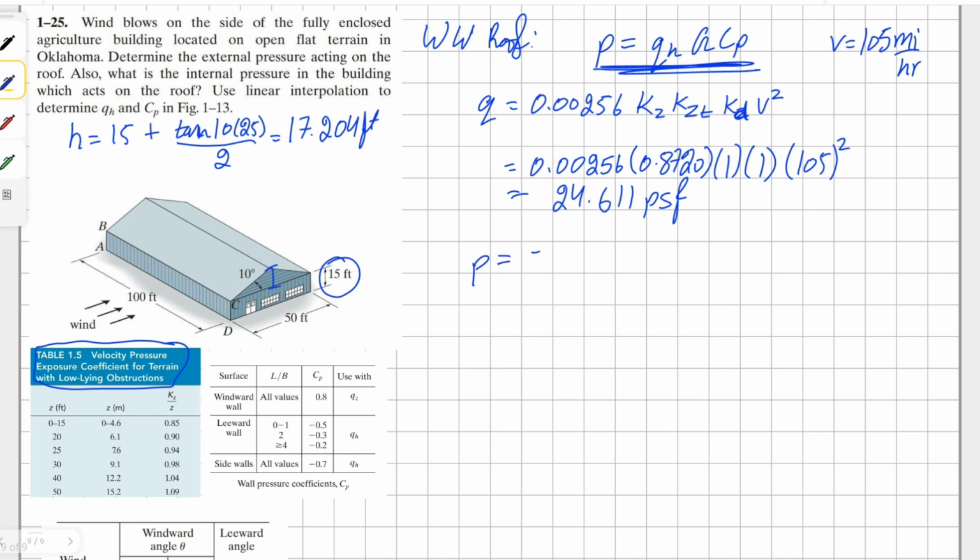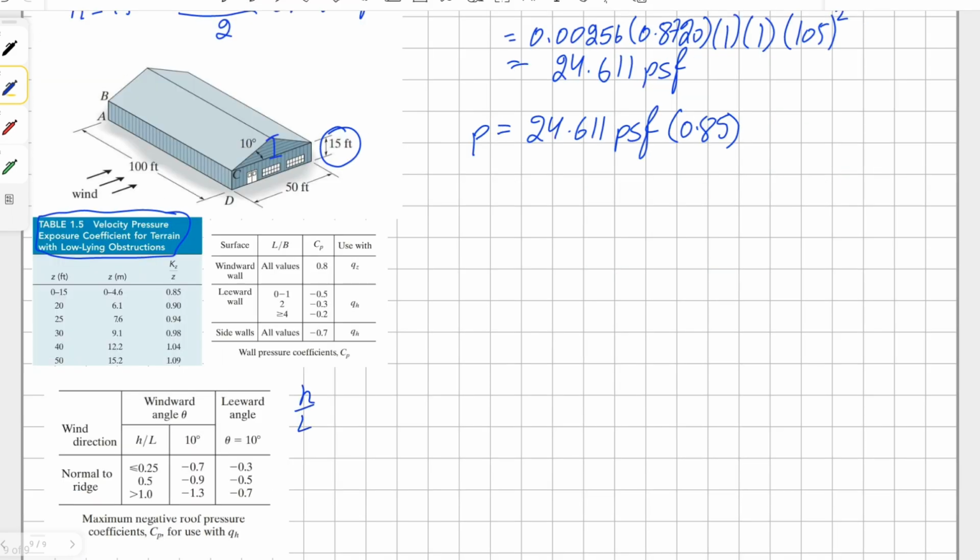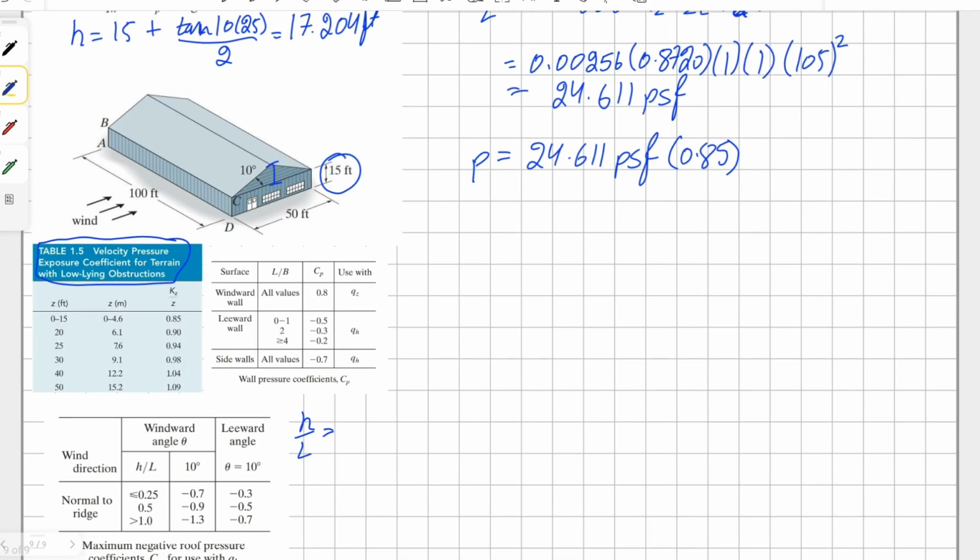So we know that our velocity pressure we just found out, and we know that our gust effect factor would be 0.85 because it's a rigid structure. And now we have to find our roof pressure coefficient, where our H over L is greater than 0.5 but less than 2.5.